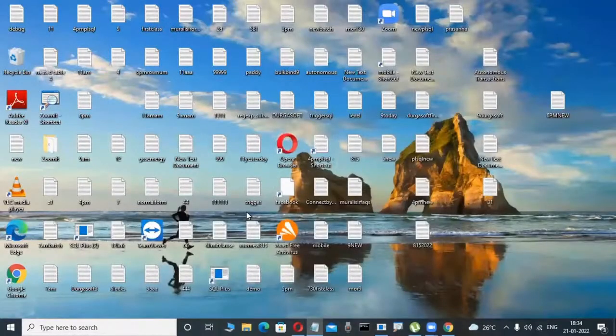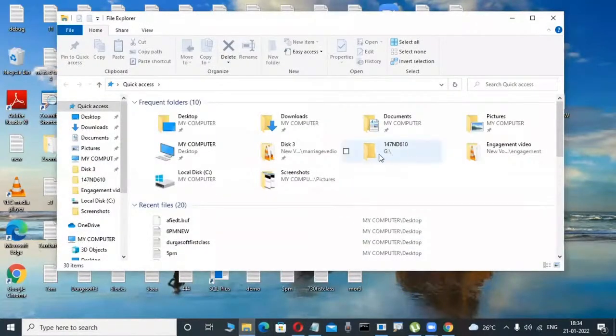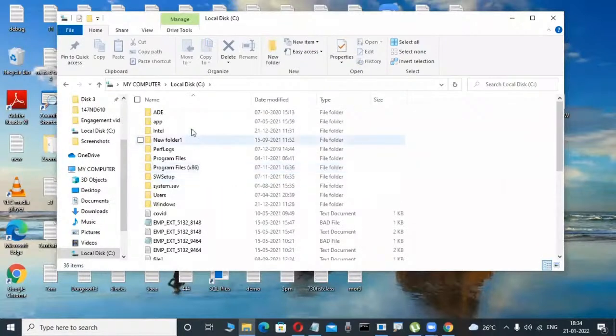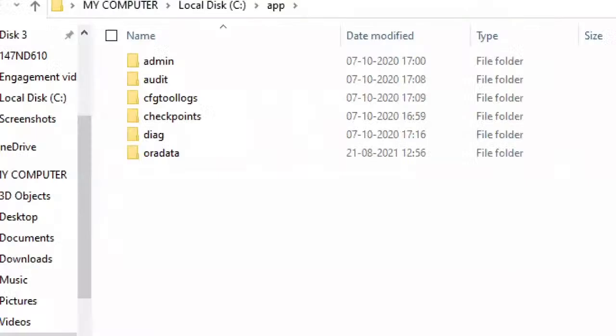Now I'm interested to view whether this table is created or not in my operating system. Suppose a Windows operating system is there, where Oracle is already installed. In that location, I try to view, for example, in C:, where the Oracle is there. Those are all directories, don't worry.